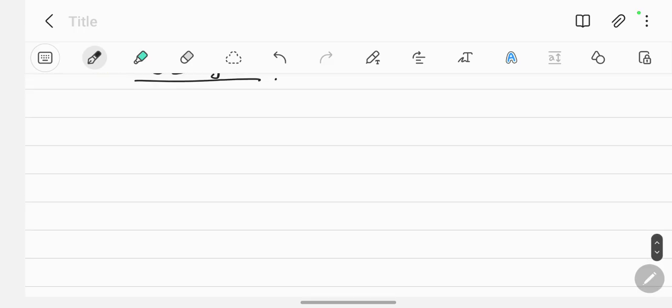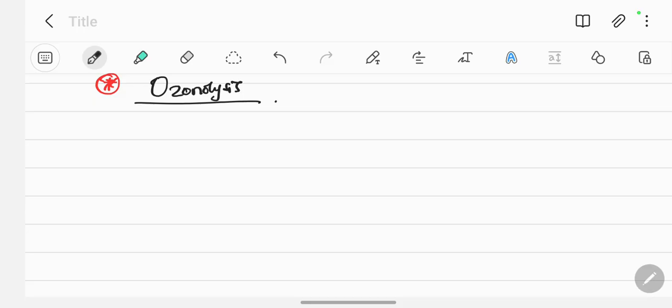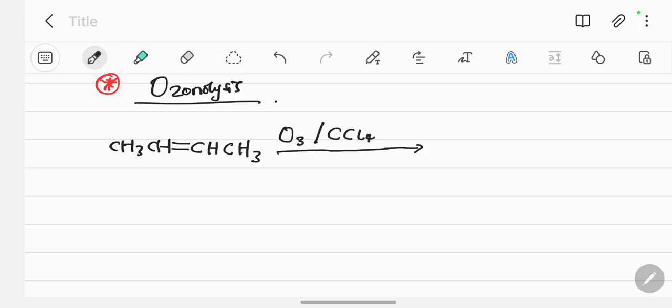And under ozonolysis, if I have my alkene of this kind, so if I have my alkene maybe of CH3, CH=CH, CH3, when I add in ozone and carbon tetrachloride as our solvent, then at a temperature of 20 degrees Celsius, it gives me an ozonide.